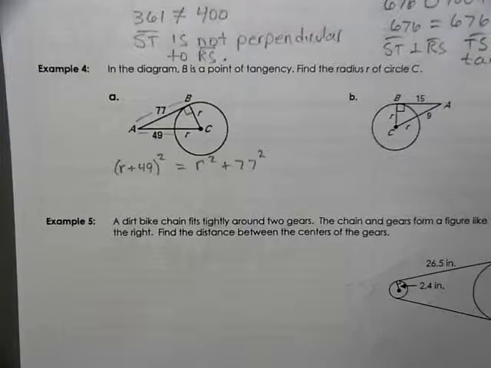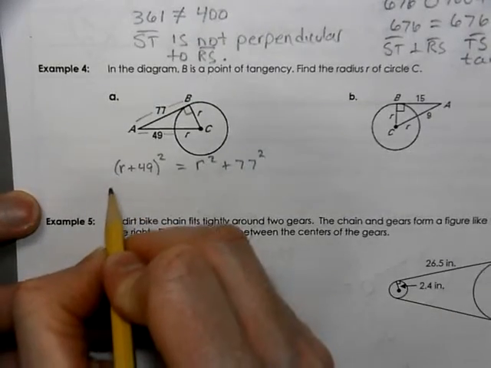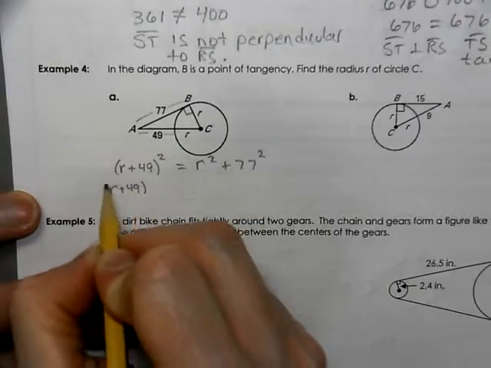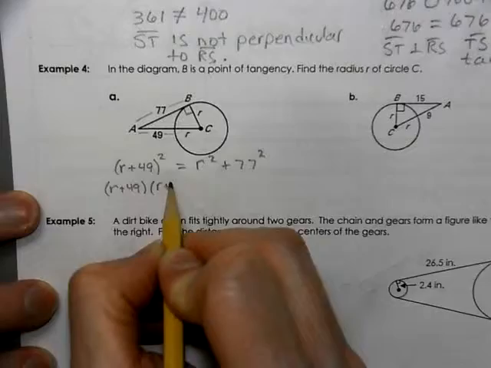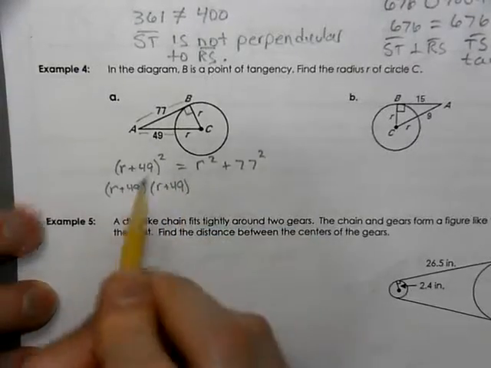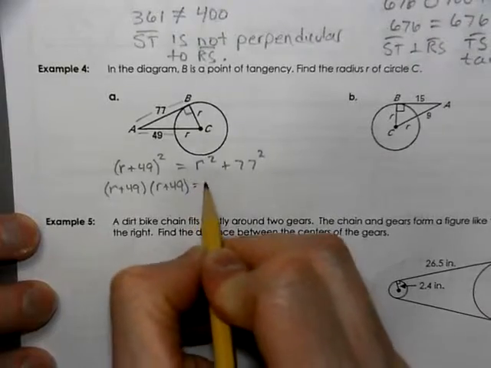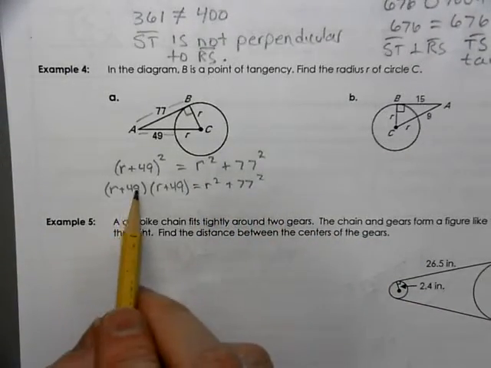You may have done this a little bit in algebra, but not yet in geometry. R plus 49, we're going to put that in parentheses once, and in parentheses a second time, because it's being squared, that means it multiplies itself. R squared plus 77 squared.